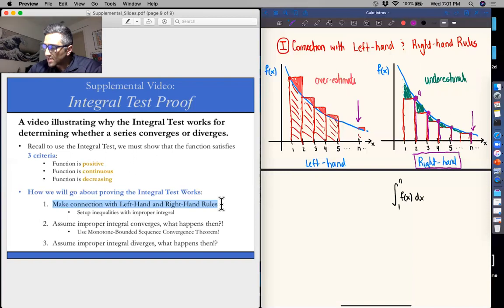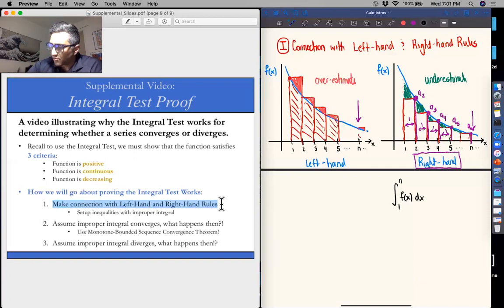All of these values are really the values of those series terms, a2, a3, a4, a5, an. Because these widths are all of unit 1, when we add up the area of all these rectangles, we're really just adding up those terms, a2 plus a3 plus a4, all the way to an.